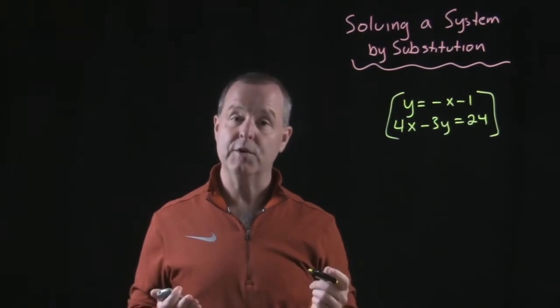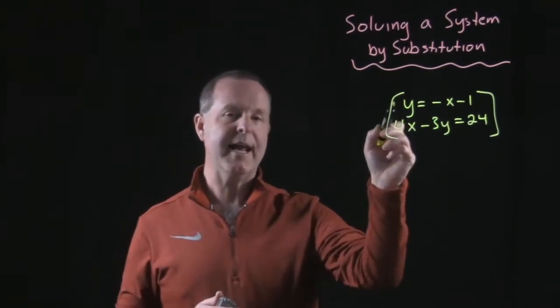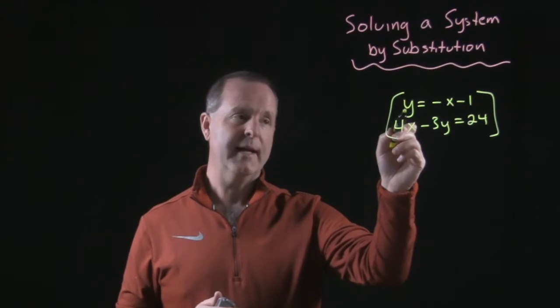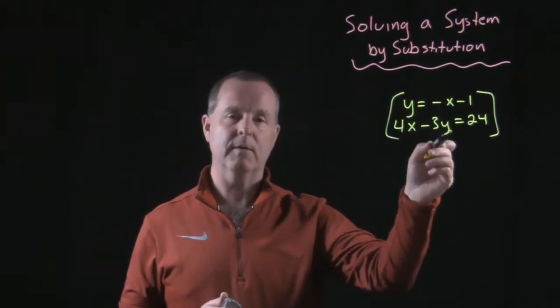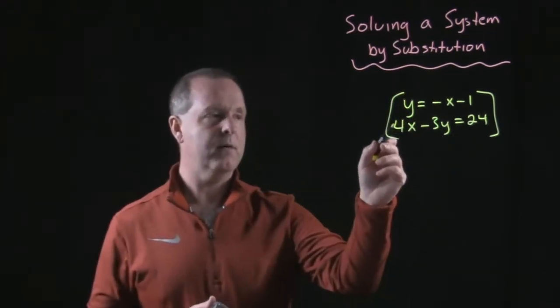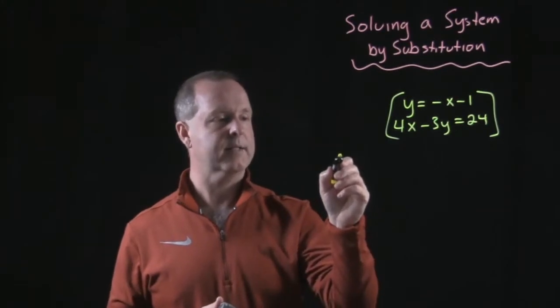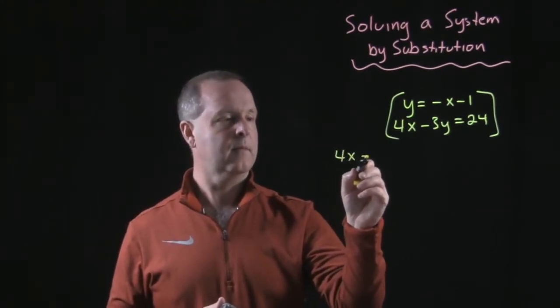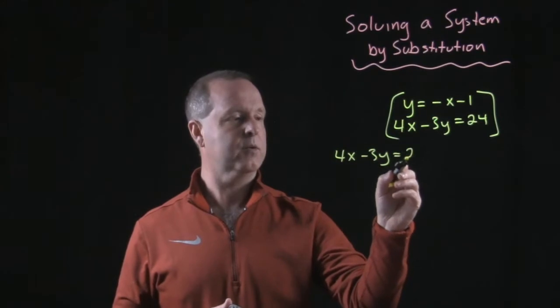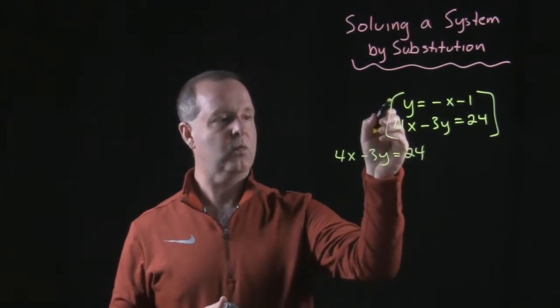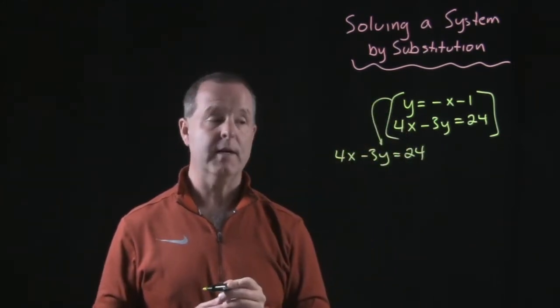So how does substitution work? Well, substitution takes what we solved for a variable and substitutes it into the variable in the other line. So I'm going to take the second line, which is 4x minus 3y equals 24. Then I'm going to take this y and substitute it in there.